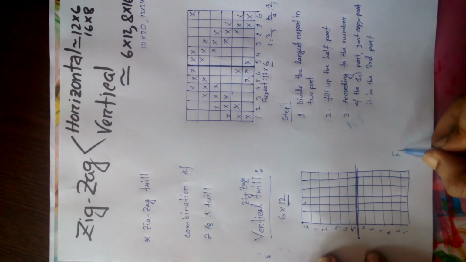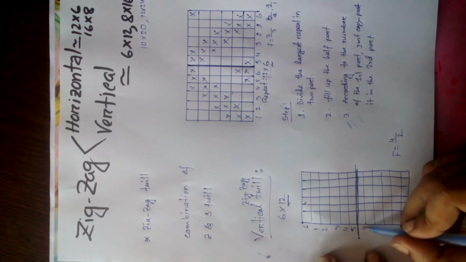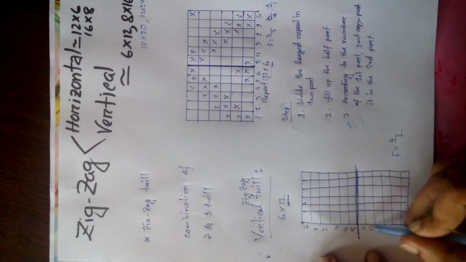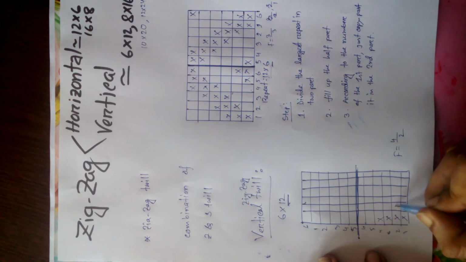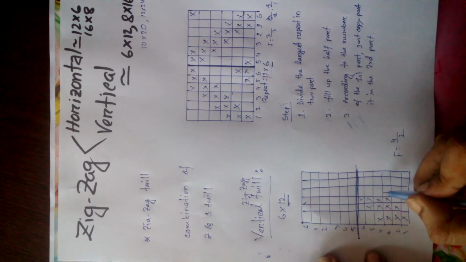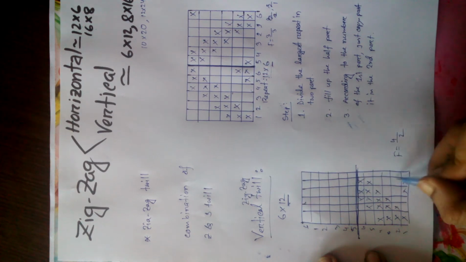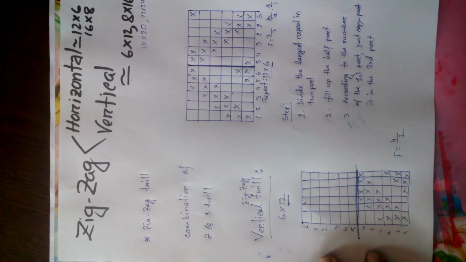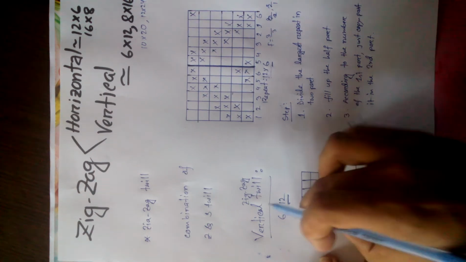So here, suppose we have taken the formula 4 up 2 down, so 4 plus 2 is 6. So for the first part, the highest number is 6, so we have taken 4 up 2 down, 1 2 3 4, and so on. So now our task is to copy paste the first part into the second part according to the number.